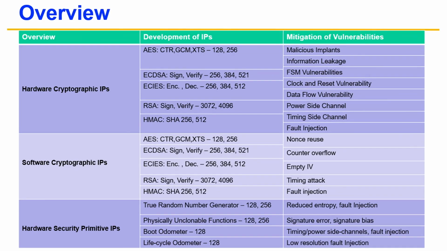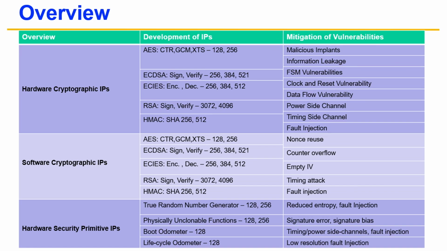So, specifically, this is a summary. Whether you are developing hardware cryptographic IPs, which people call accelerators, or software cryptographic IPs, the different key sizes have a set of known vulnerabilities.